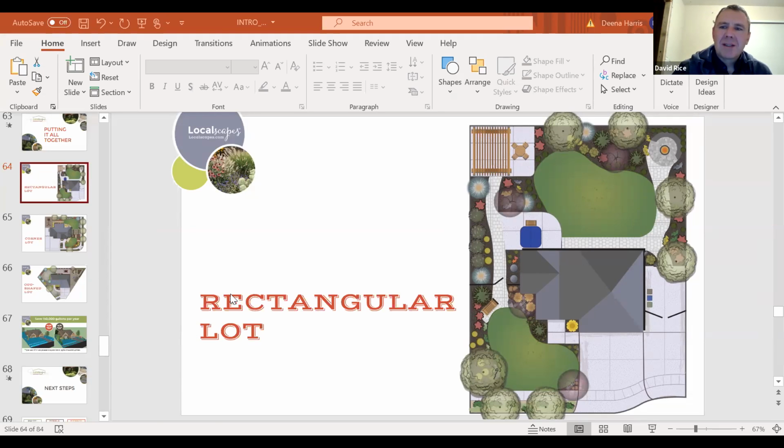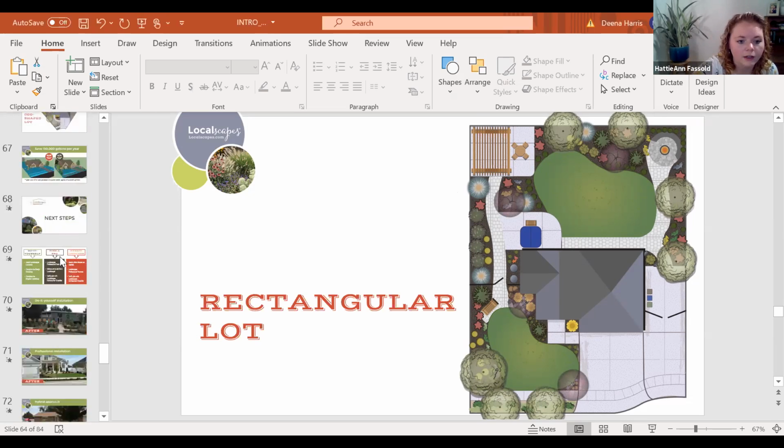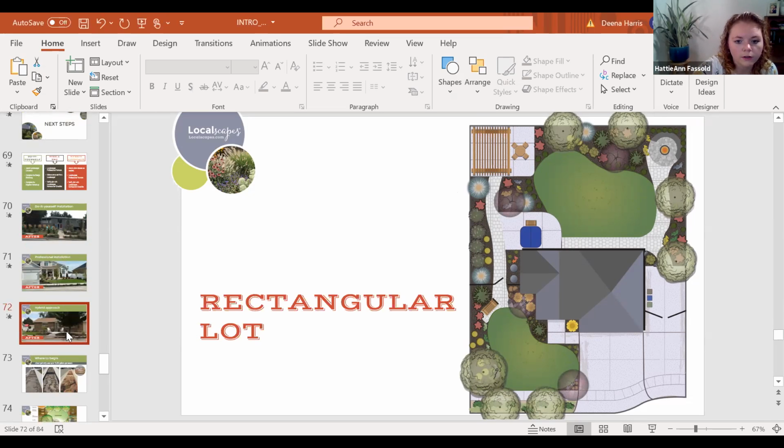So let's keep going. Here is a question about ideas for an established island in the front yard. It has a full-grown redbud tree in it, and they hate to pull it out. Have any thoughts on that, Hedian? Yeah, it kind of depends on the placement of it. There was that one example from the presentation where they had a full-grown ginkgo.